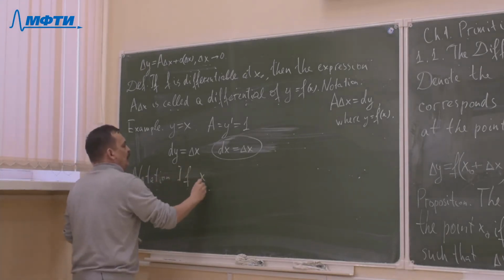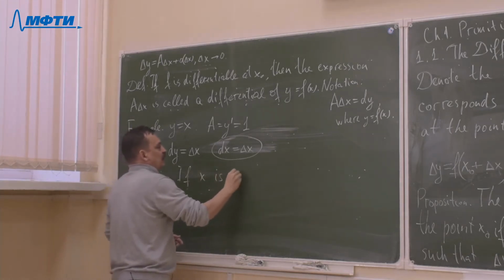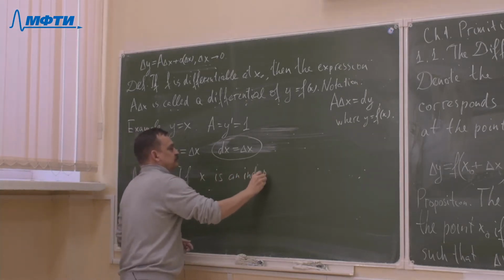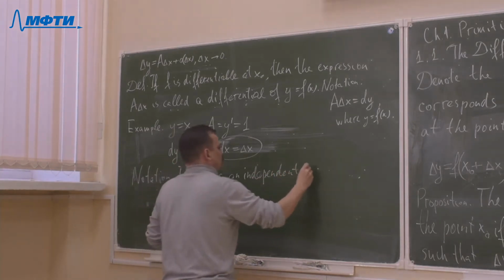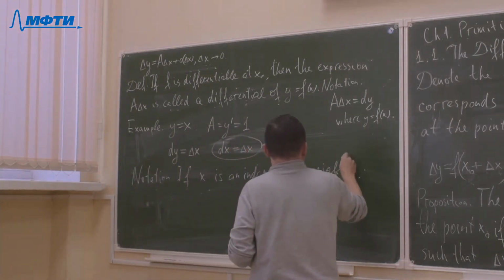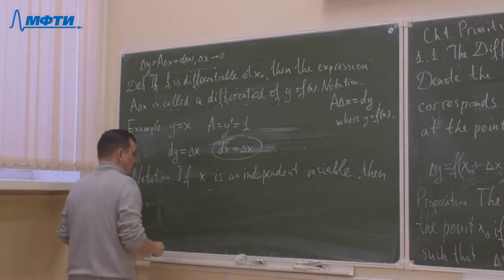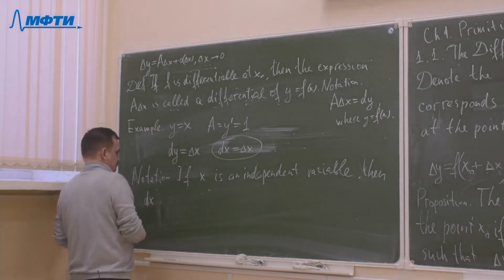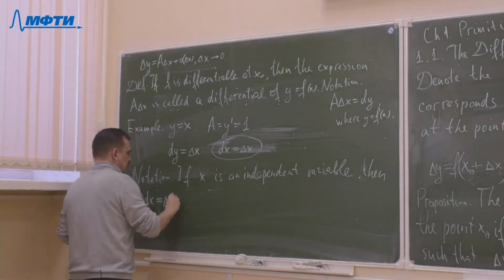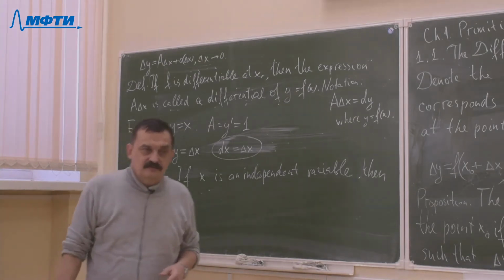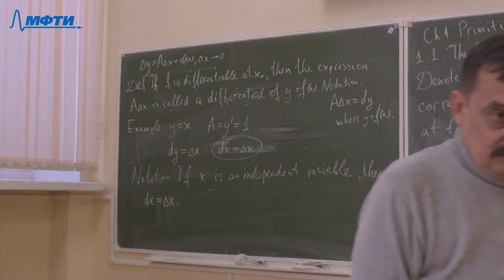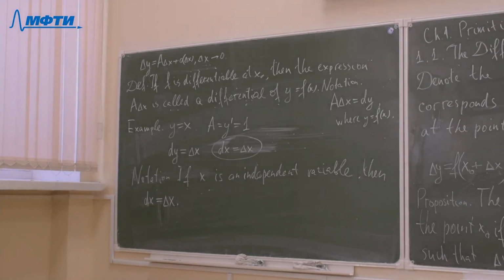If x is an independent variable, then dx equals the increment. That is just the notation. So if x is an independent variable, then dx denotes the increment of this variable, nothing else.